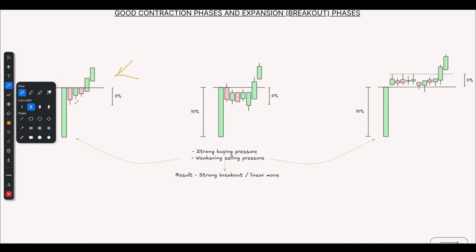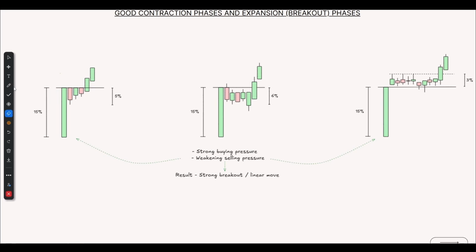Yes, this clearly tells us that the supply was getting absorbed at each lower level, at each dip, meaning that the strong hands were accumulating at each dip. Whenever we see this kind of contraction where the high is getting respected but the low is getting tighter and tighter, this structure becomes our first priority to enter.